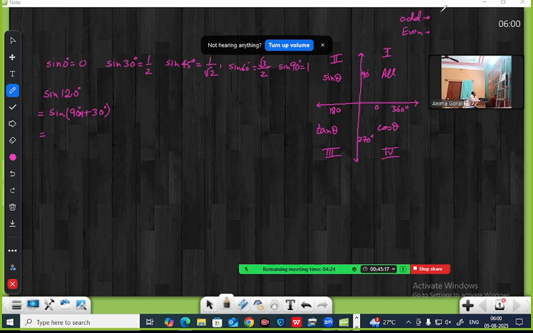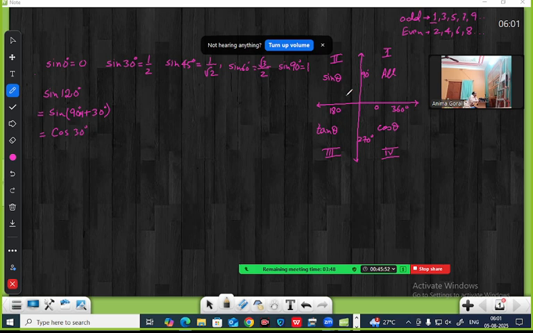Odd numbers are 1, 3, 5, 7, 9, etc. Even numbers are 2, 4, 6, 8, etc. You see the 90 is multiplied by 1, that is an odd number, and if it is an odd number, it will change to cos theta, that is cos of 30 degree.